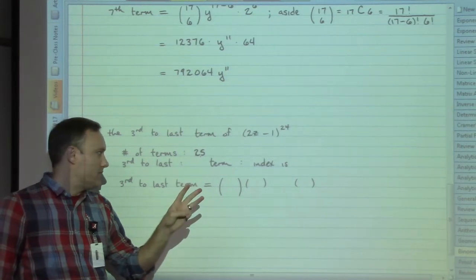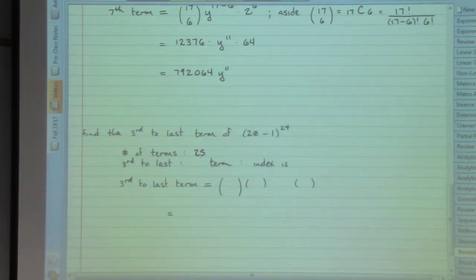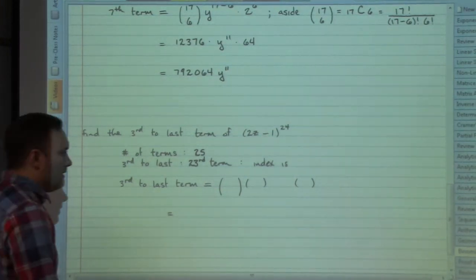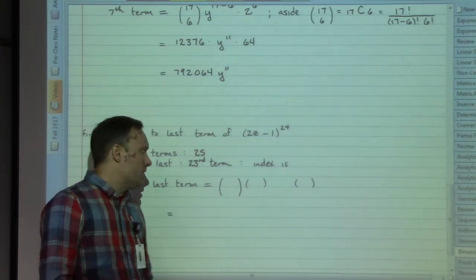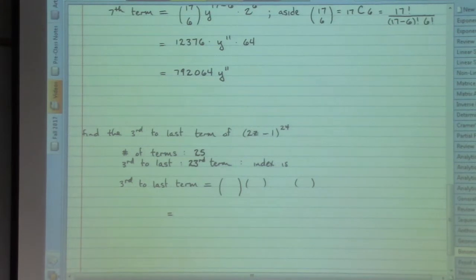And the third to last term would be the 23rd term. Now, if we're talking about the 23rd term, the index is always one smaller than the term, so the index that we would want here would be an index of 22.